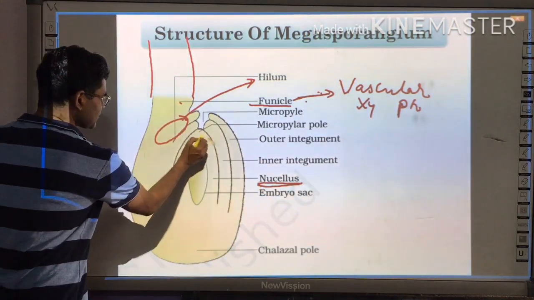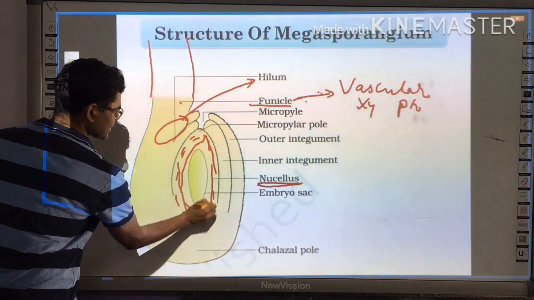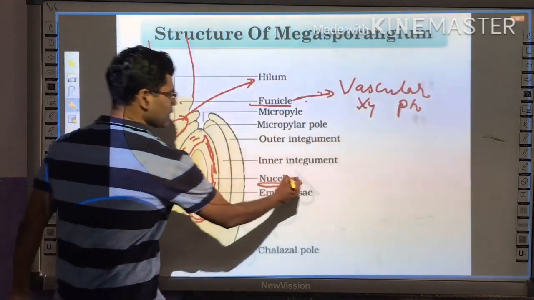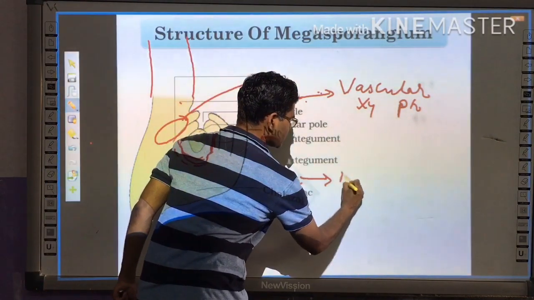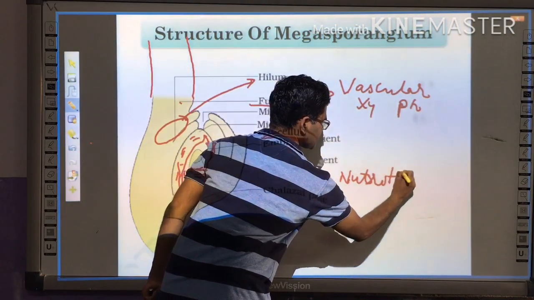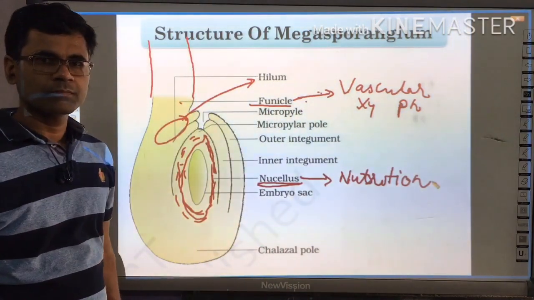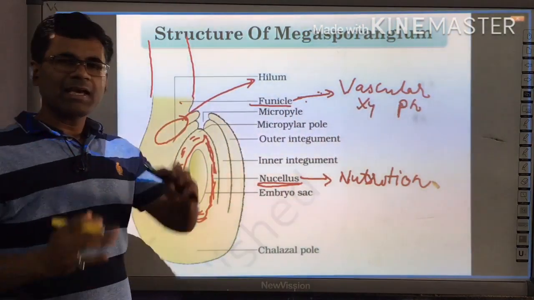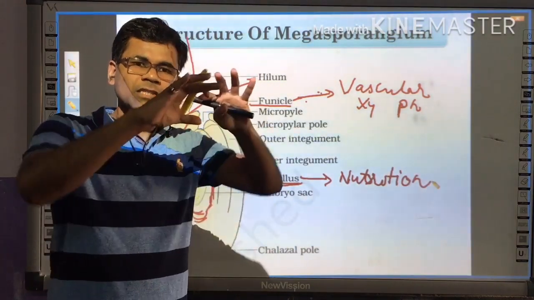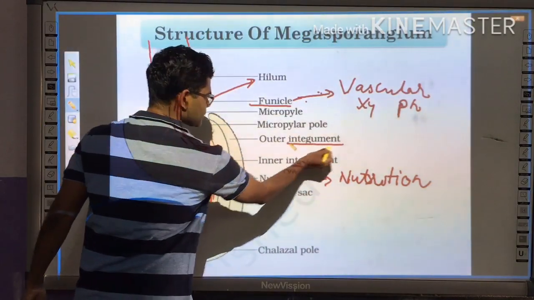So the nucellus forms the major part, as you can see, and it provides nourishment or nutrition. This nucellus is covered by protective coverings. These protective coverings are called integuments.